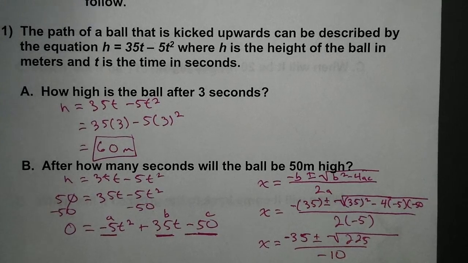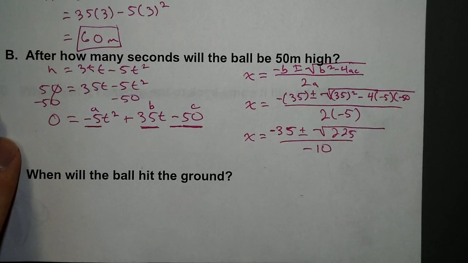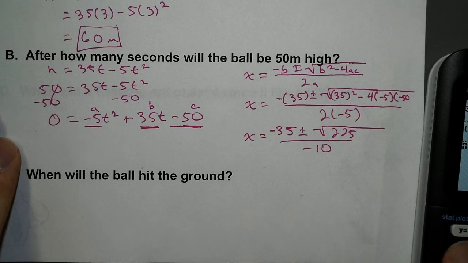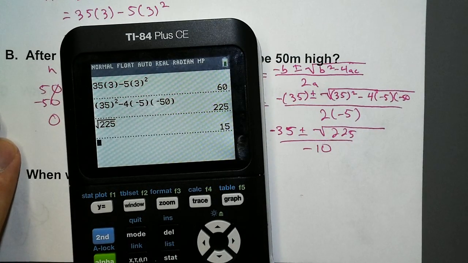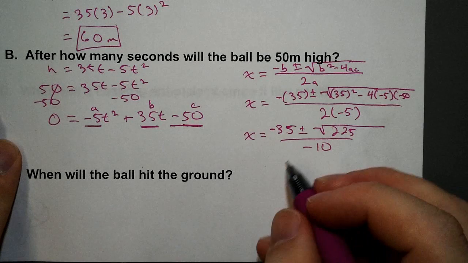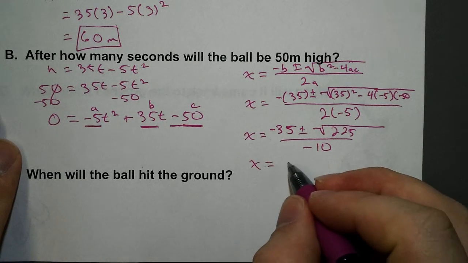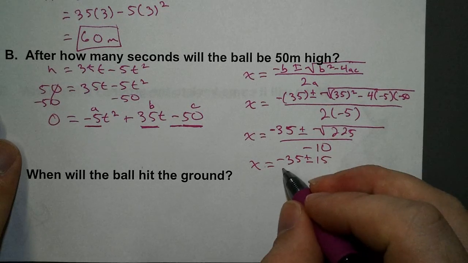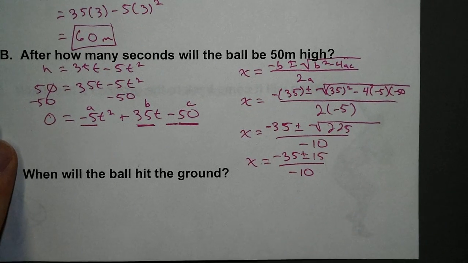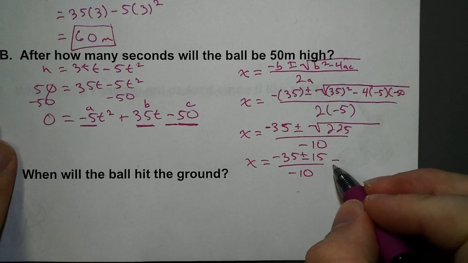Now, let's see if that's a perfect square. Square root of 225 comes out to 15. So it just ends up being x is equal to negative 35 plus or minus 15 divided by negative 10. And all that takes is two calculations.